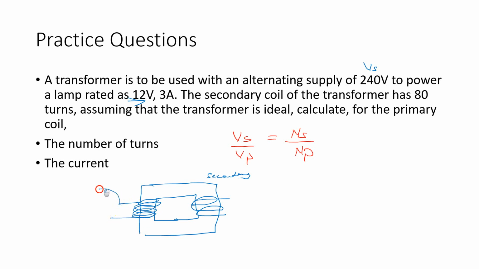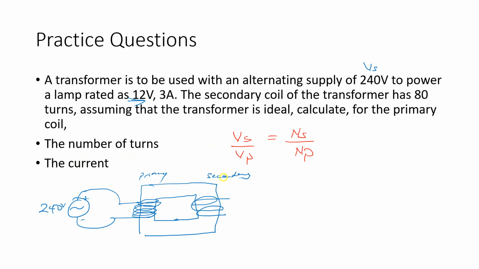And of course, the power source, as we said a while ago, is 240 volts. That's your alternating source. So you always need to draw this diagram as well, in terms of your schematic. This is your primary. Now we want to find out the number of turns on the primary, so all we will do is use our equation.